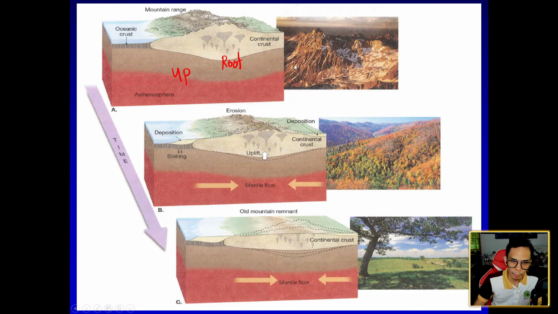Now because of erosion, by wind, by water, by animals over time, and the relocation of materials like rock and soil on this side of the mountain and also on this side, the elevation of that mountain area changes. So the roots that are situated at the bottom will now go upward.